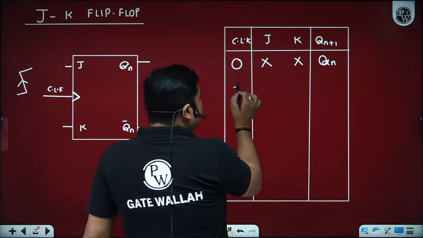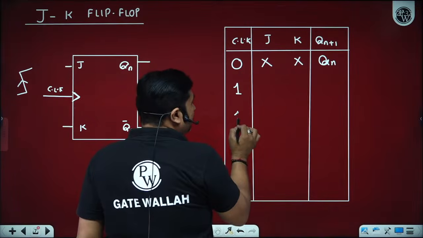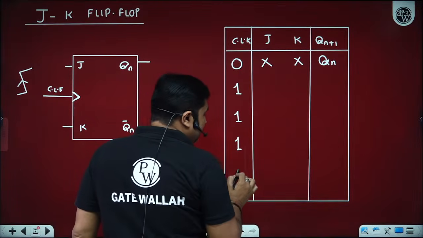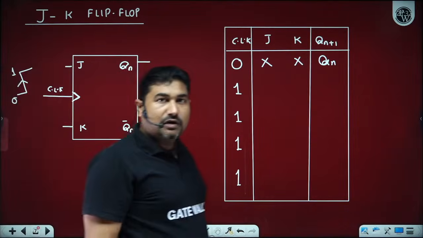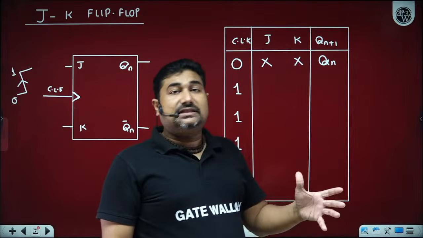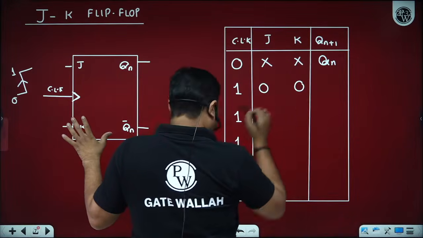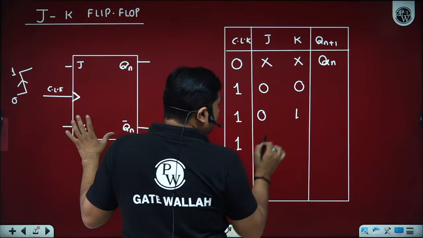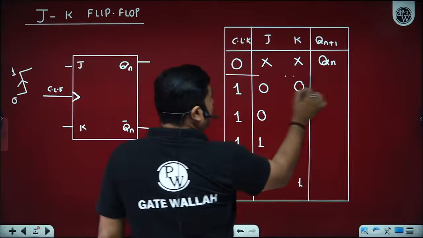In case the clock is high, what does it mean? It means there is a transition of the clock from 0 to 1. Only at that instant does the clock appear at the flip-flop. So JK may be 0 0, 0 1, 1 0 and 1 1. For the two inputs J and K, we have a total of 4 possibilities.